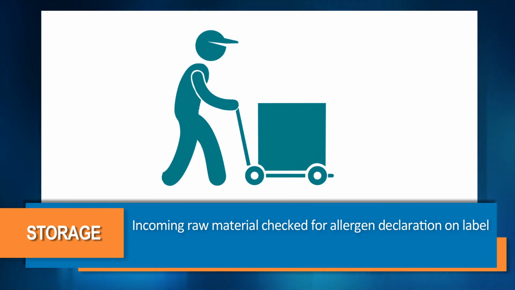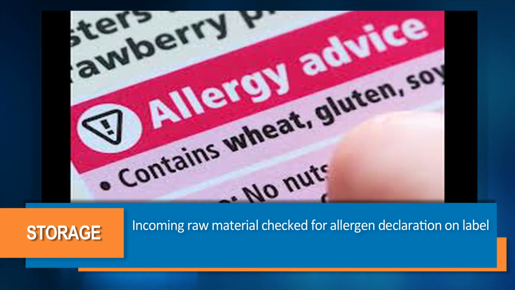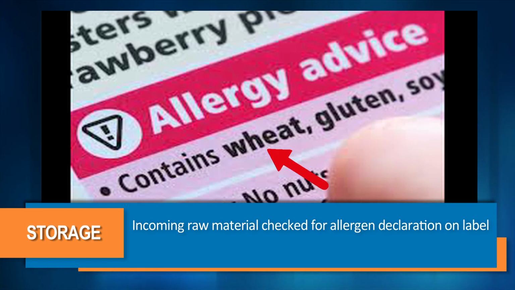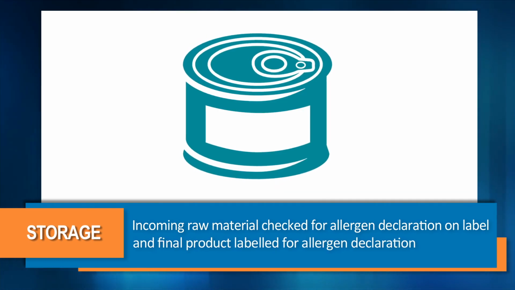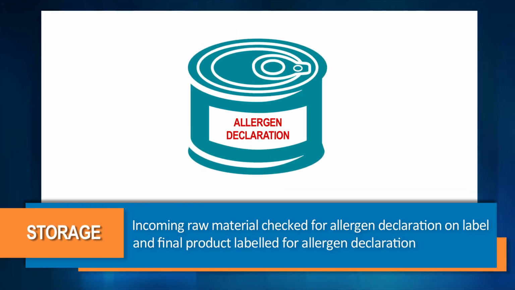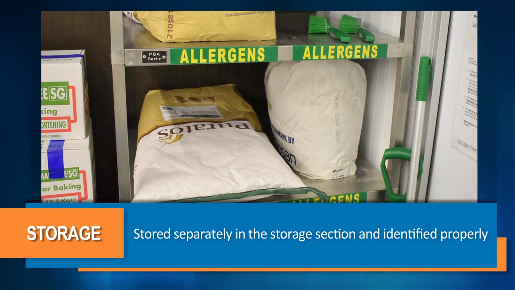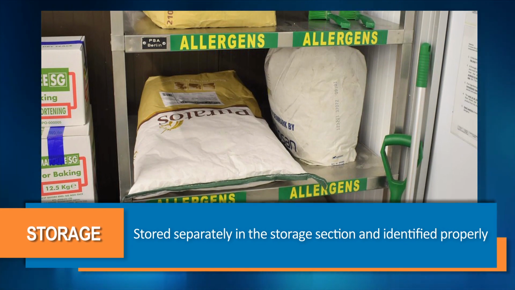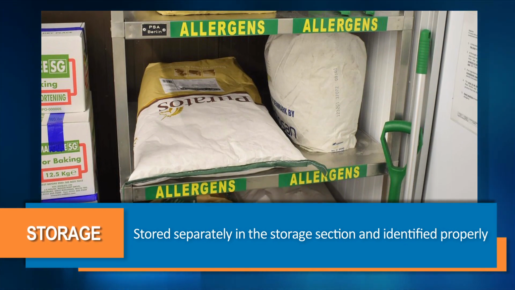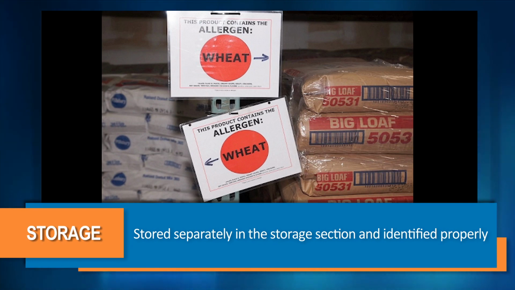Incoming raw material shall be checked for allergen declaration on the label, and final product shall be labeled for allergen declaration as specified in Food Safety and Standards Labeling Regulations 2017. They shall be stored separately in the storage section and identified properly.